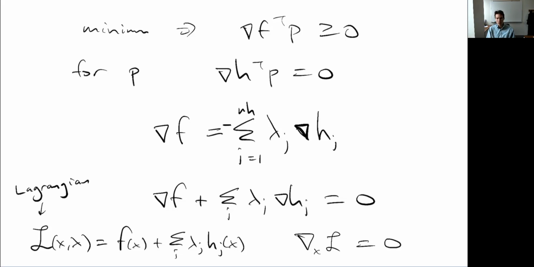That worked for an unconstrained problem, but that's not true anymore for a constrained problem. What we need is that the gradient of the Lagrangian is 0, okay? So this function here we call the Lagrangian, and these terms lambda we call Lagrange multipliers. Lambda is called a Lagrange multiplier.